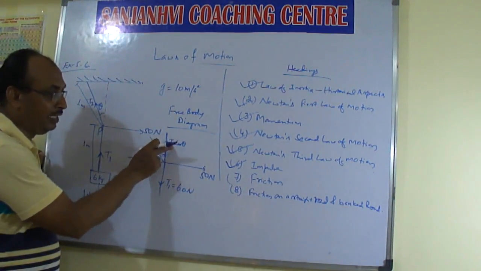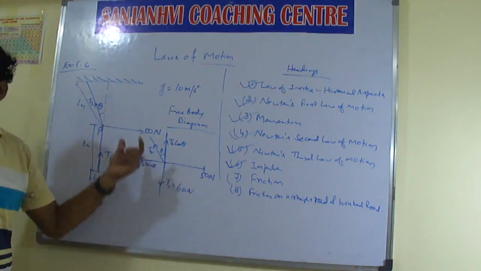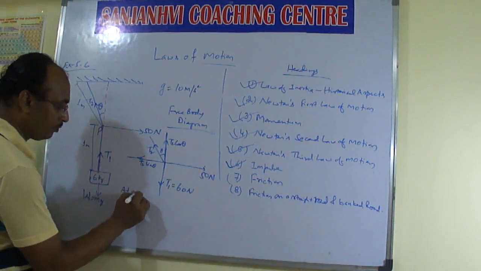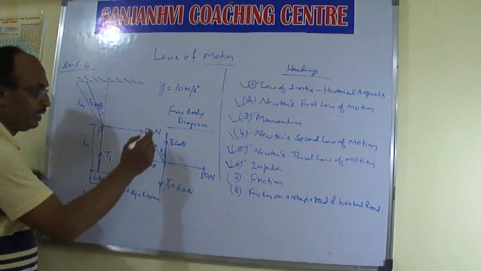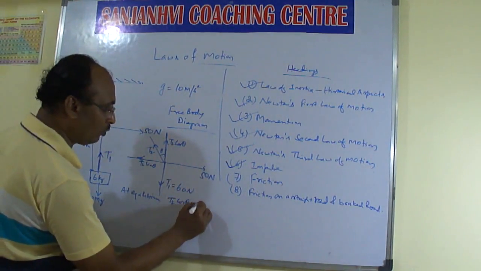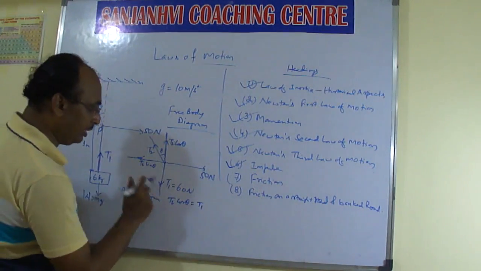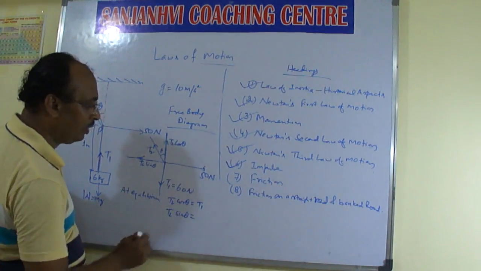So you can write that at equilibrium, T2 cos theta is equal to T1, and T2 sin theta is equal to 50.